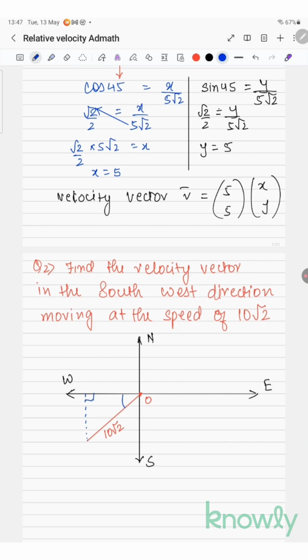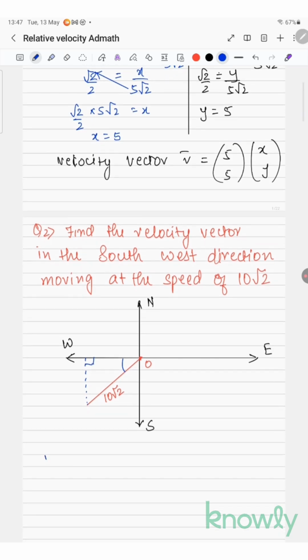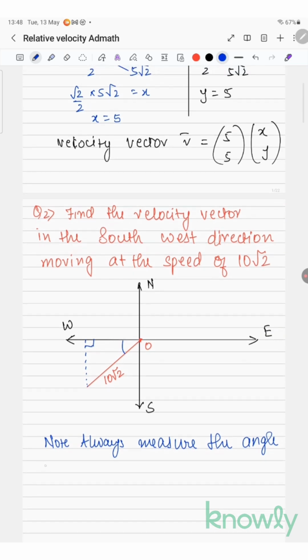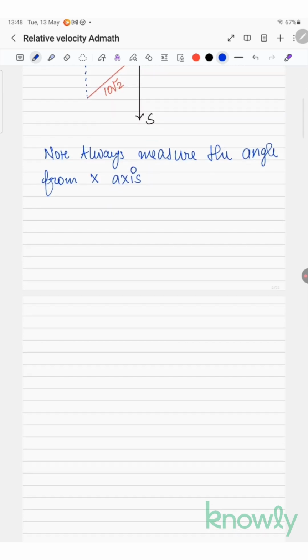I repeat myself. I'll write down a note also. Always measure the angle from the x-axis. You understood what I'm trying to say?